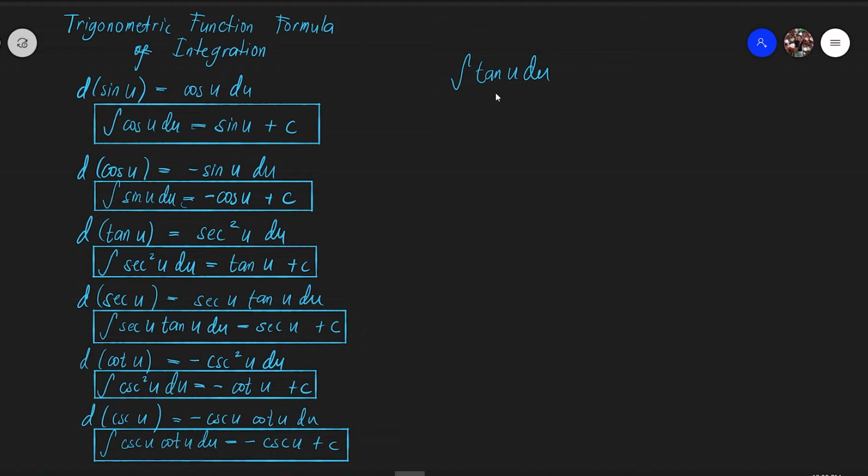So what we can do here is express tangent u. We will use, again, the trigonometric identities. So you have to know what these identities are, and be familiar with the trigonometric identities. So we can rewrite this as the integral of sine u over cosine u du.